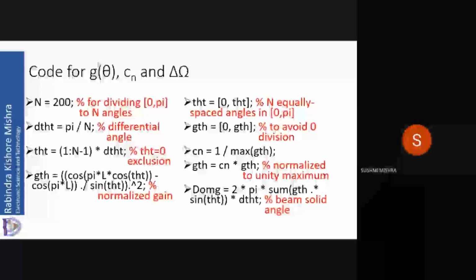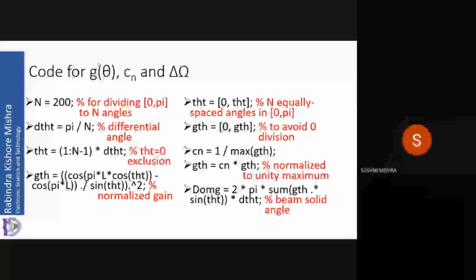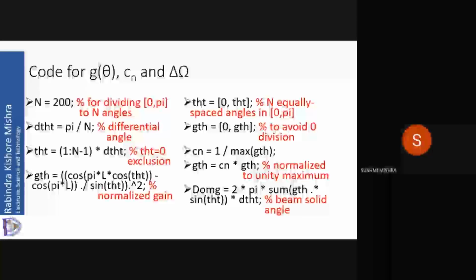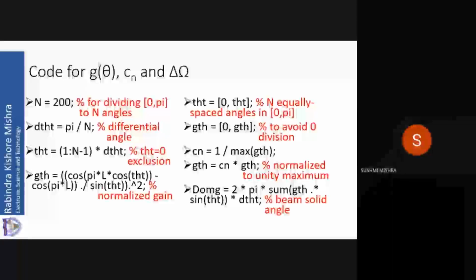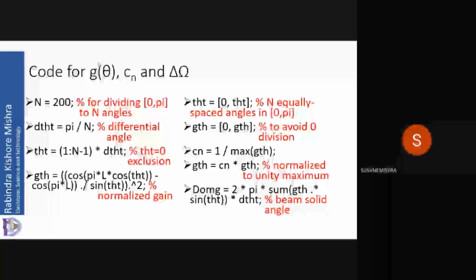Then it will be 1 to 5 minus 1 is 4. So 1 to 4: 1, 2, 3, 4. Now I am not taking it as 1 to n. We said that I am going to consider n angles, but actually I am considering n minus 1 angles in this line. So th is equal to 1 to n minus 1 times dth. That will give me the value of theta at each step.